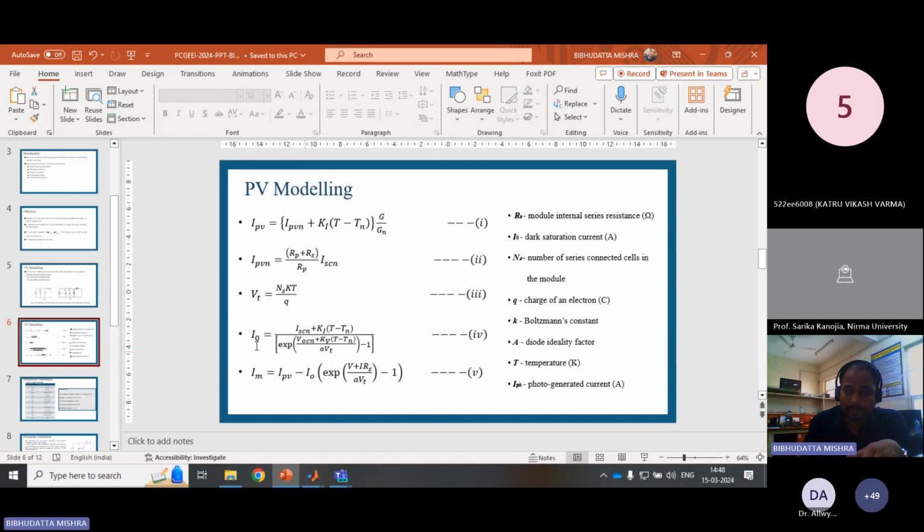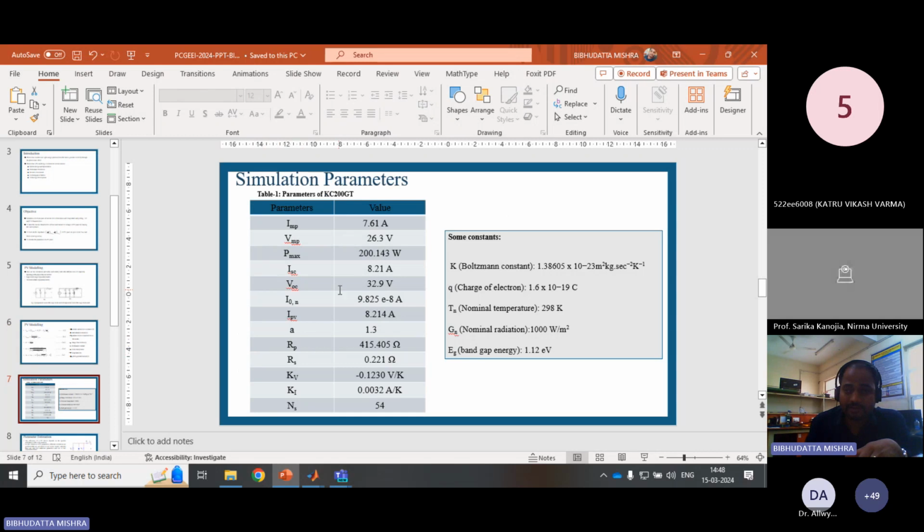So for modeling of I naught, we will make use of ISCN. What is the value of ISCN? Short circuit current, nominal short circuit current, it is 8.21. Similarly, VOCN 32.9, and KV is minus 0.1230, KI 0.0032. We'll make use of all these parameter values to model I naught.